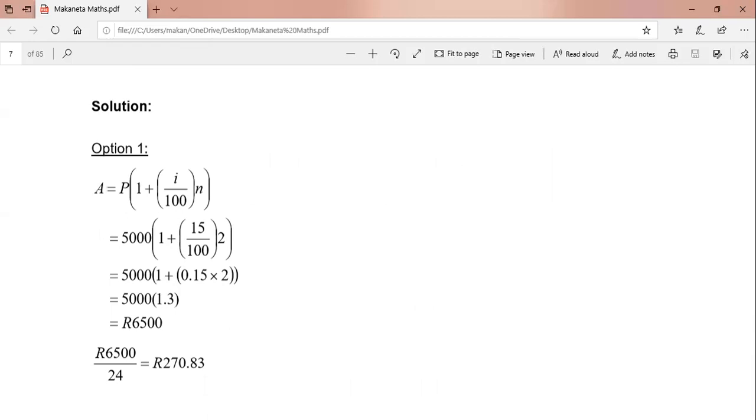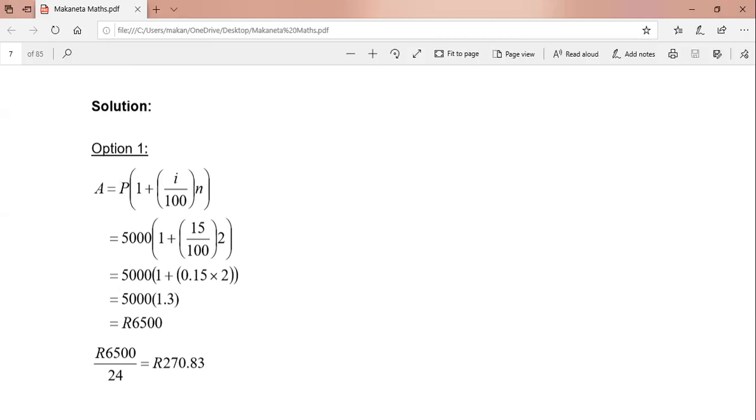The reason why I've decided to divide this particular i by 100 is because each time you work with interest, you need to divide by 100. So your interest has to be divided by 100 in order to become an interest rate that you can use. So you must always divide. Whenever you have 7%, this means it's 7 out of 100, right?